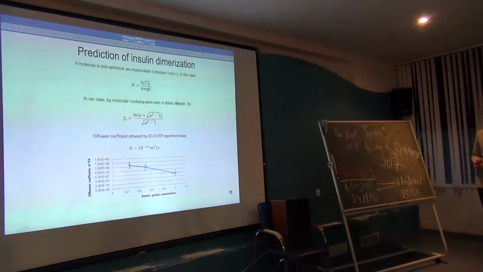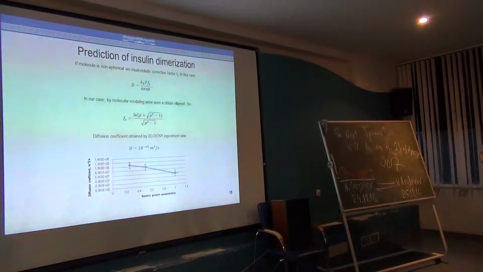And finally, to check the oligomerization of bovine insulin, firstly we registered the DOSY spectrum and evaluated the diffusion coefficient.